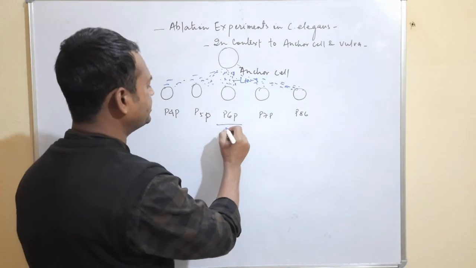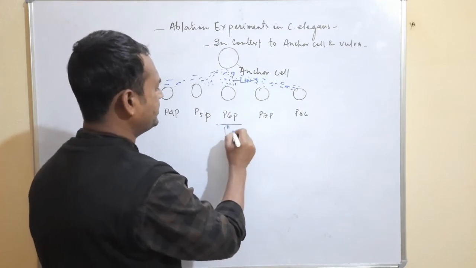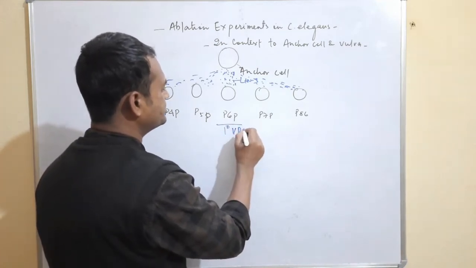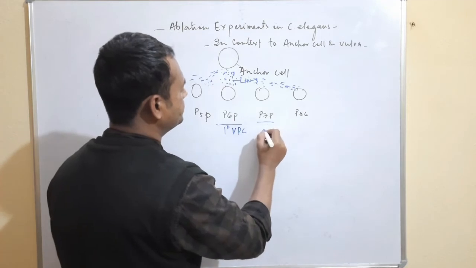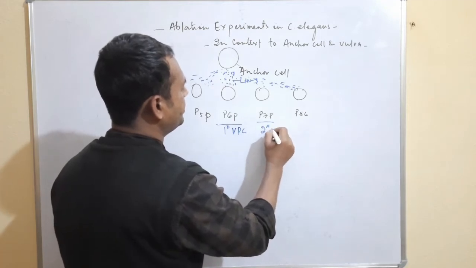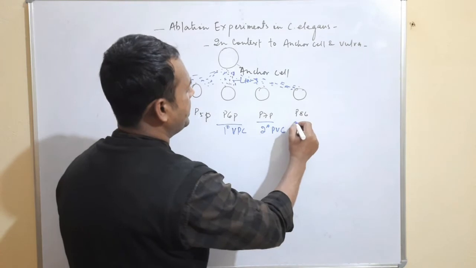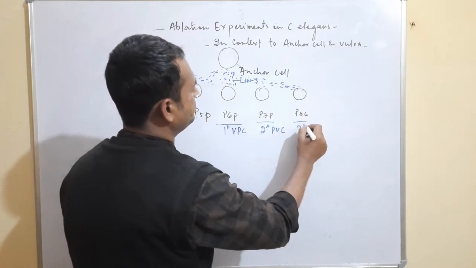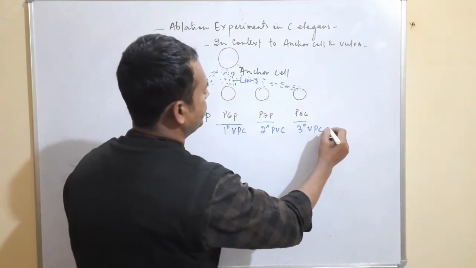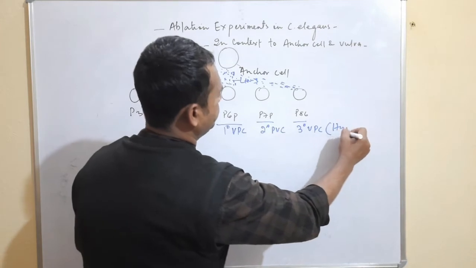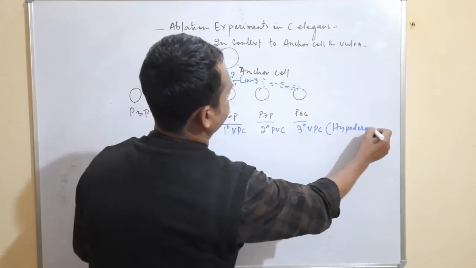So this became the primary vulva precursor cell, and these were the secondary vulva precursor cells, and this was the tertiary vulva precursor cell, which will lead to the formation of the hypodermis.